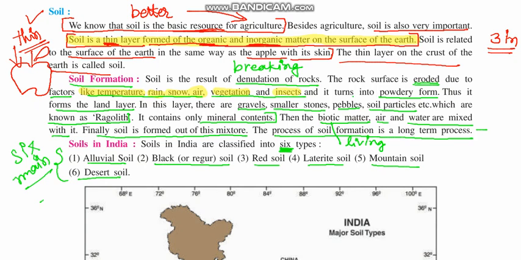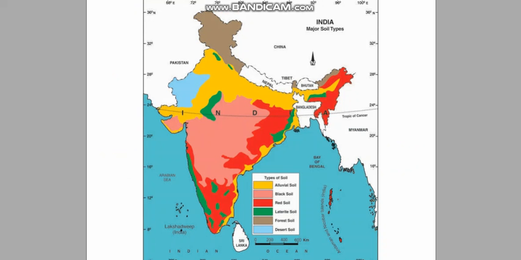Okay, let us see the map of India and understand it. So this is the map of India, major soil types. Now here an index is given.